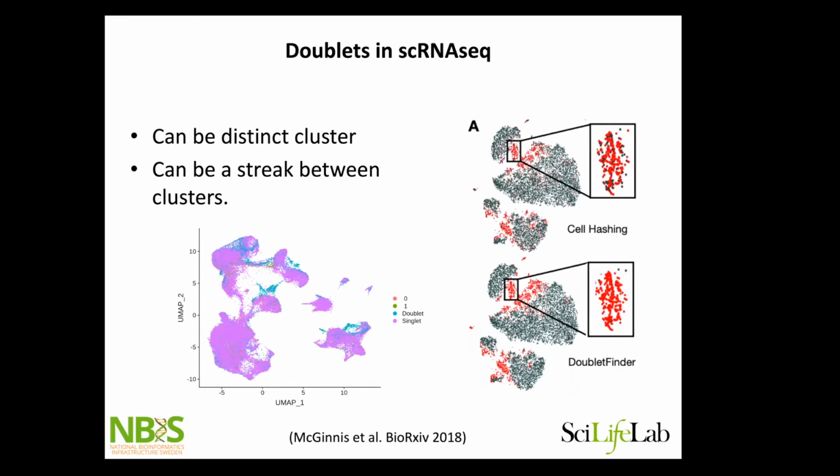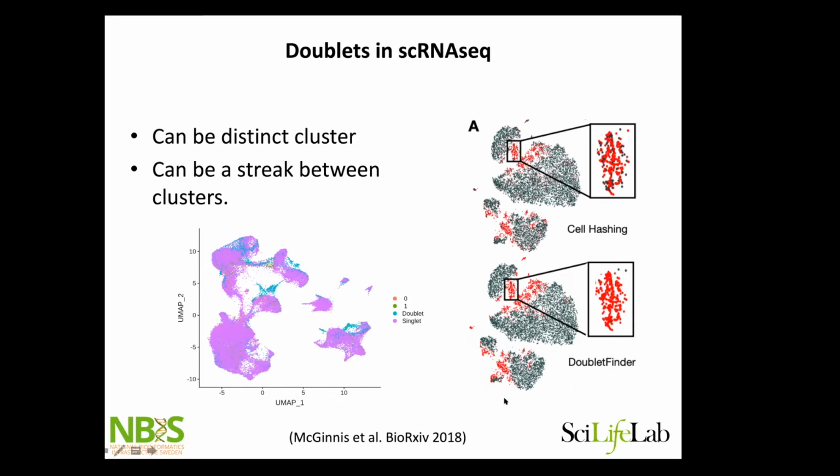Since we add antibodies with barcodes to the samples and then mix them in the library prep, when we have one droplet with two barcodes, then we know that we have two cells in there. And a lot of these doublet detection methods have been trained on this kind of data that we know are doublets.